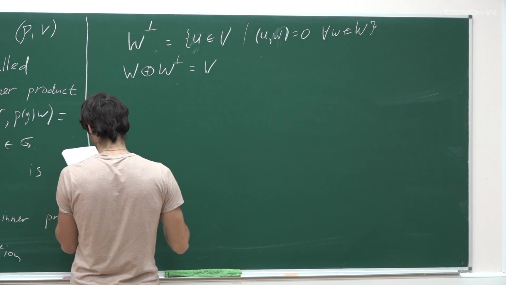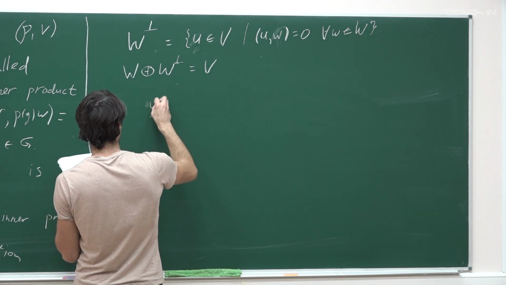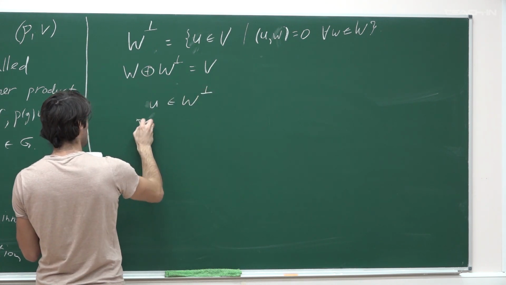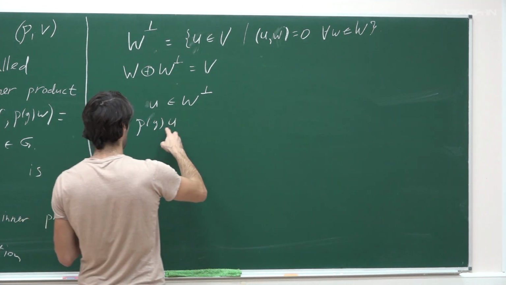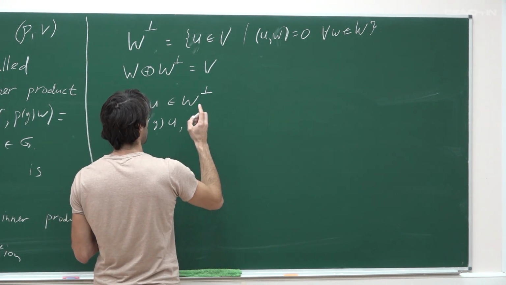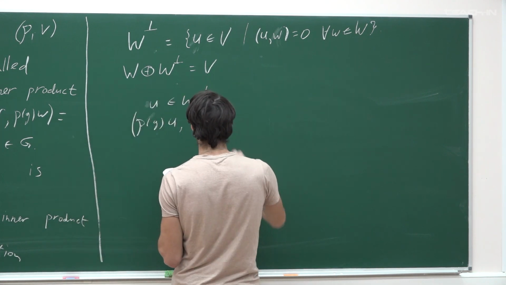Suppose that I have u inside W orthogonal. Then I act by rho of g, and I would like to see that this is also inside. So I take any w, compute my inner product.